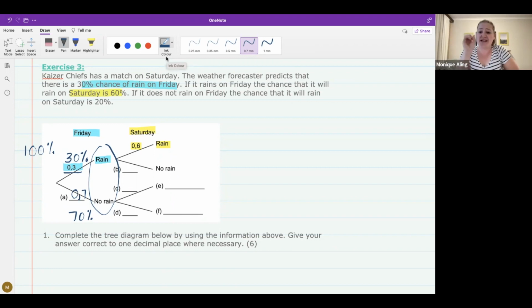Just remember, the key thing is that it always needs to add up to 100%. Well done, Nsako. Well done. Great job.